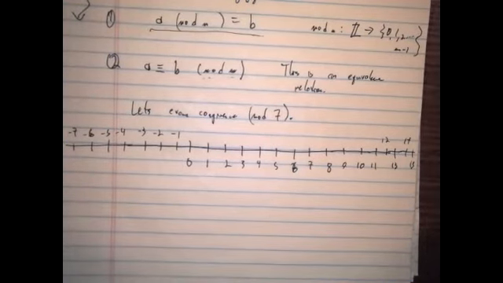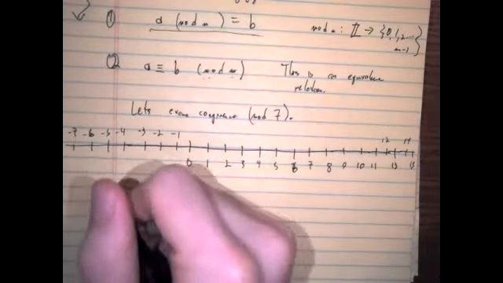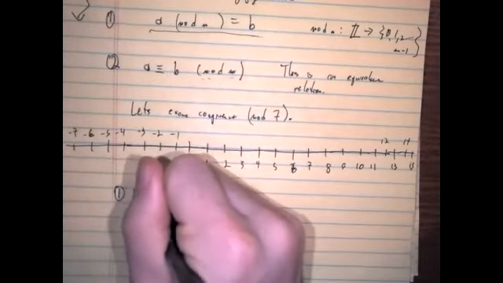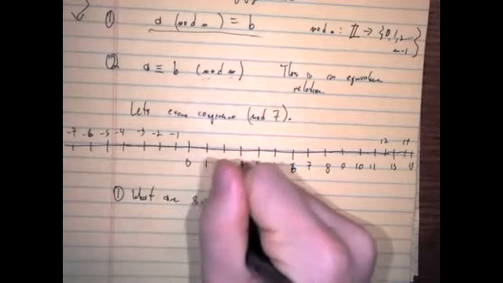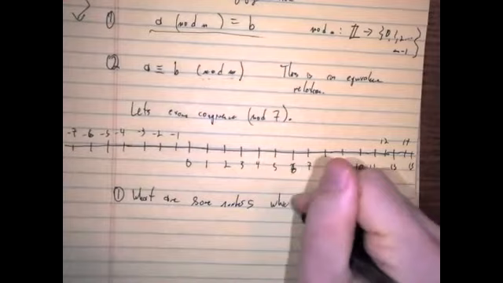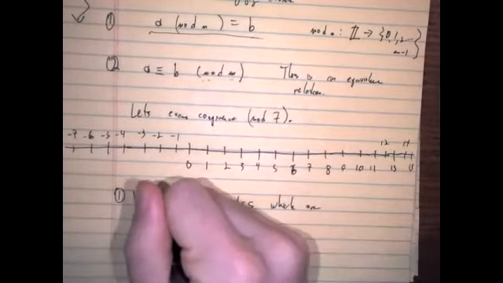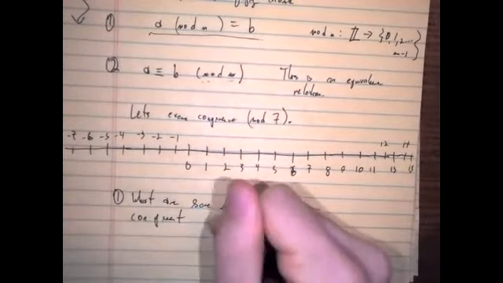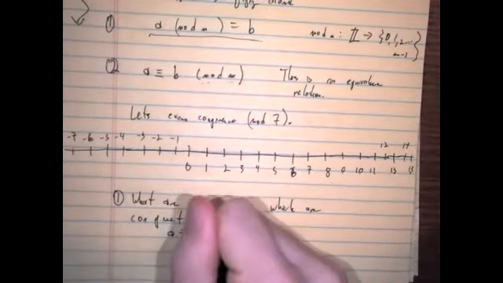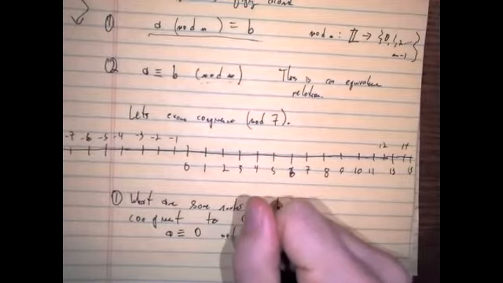Okay, so my first question is, what are some numbers which are congruent to 0 mod 7? So A congruent to 0 mod 7.